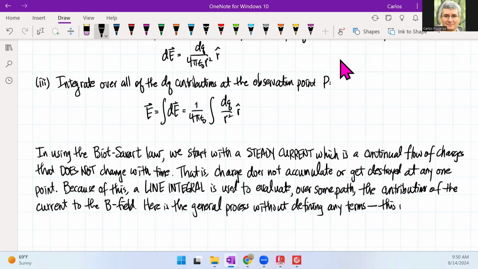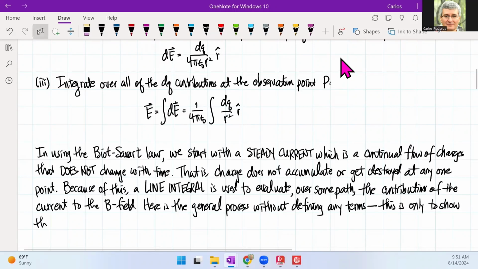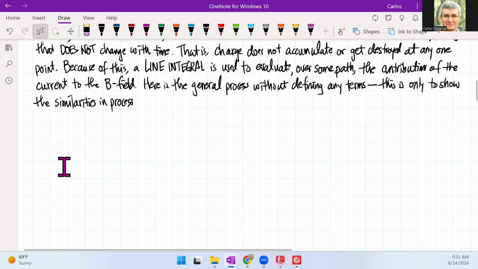This is only to show the similarities in process between electric and magnetic fields. Okay, that's the whole point of this.